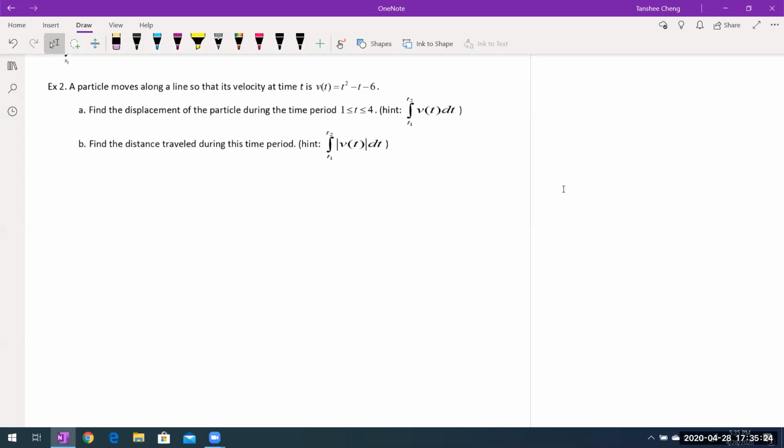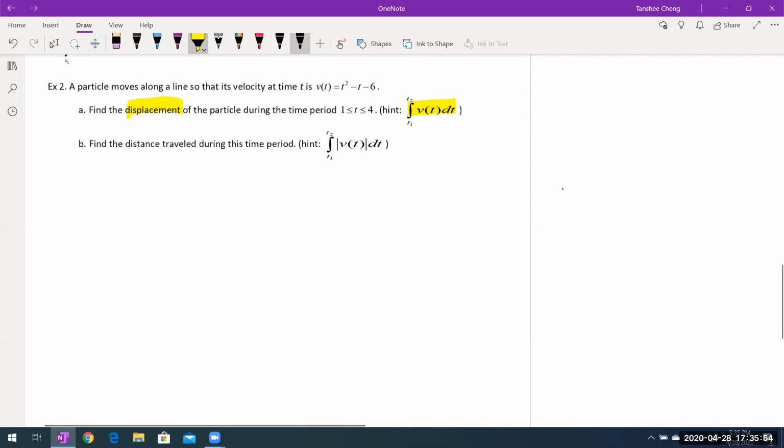If you want to talk about the displacement from the beginning to the end during the period of 1 to 4, you are taking the integral of the velocity function, which is another way of saying the integral of the rate of change of the position function.